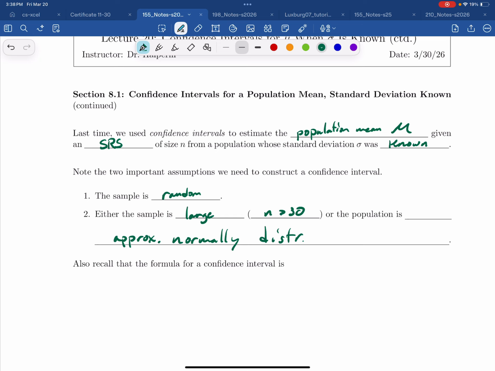Right, because then in that case we can have even small samples. The central limit theorem is guiding this condition. In order for the sampling distribution to be normal, and hence in order for us to be able to take confidence intervals, we have to have conditions 1 and 2.